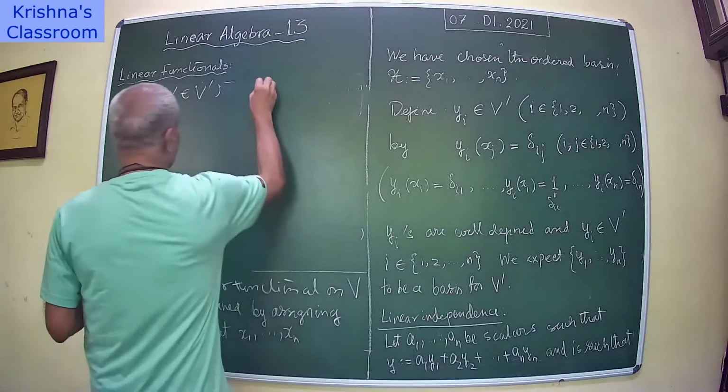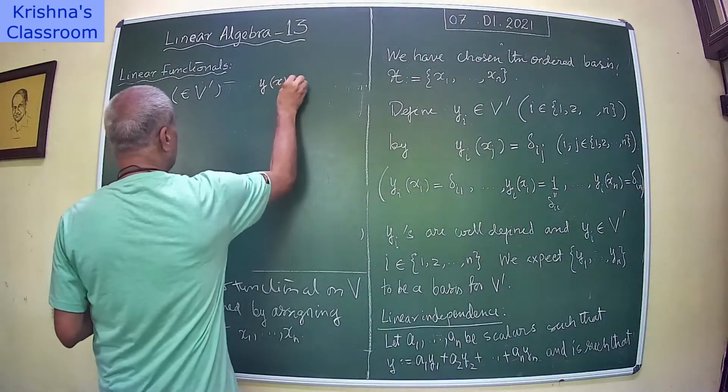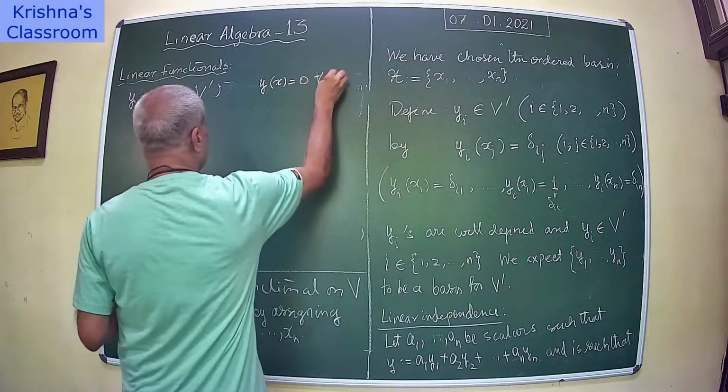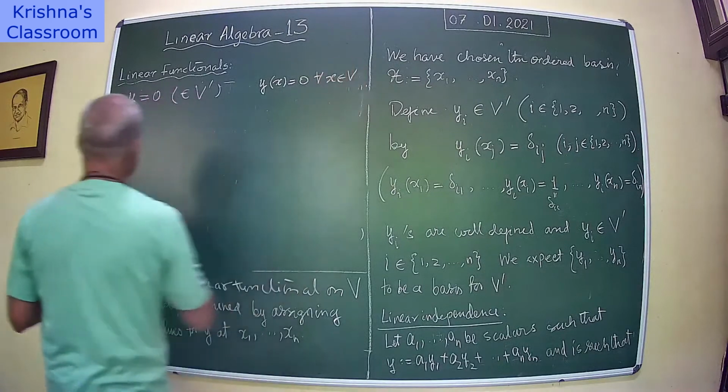Then you have y of x equal to 0 for every x belonging to V. What is the meaning of that?